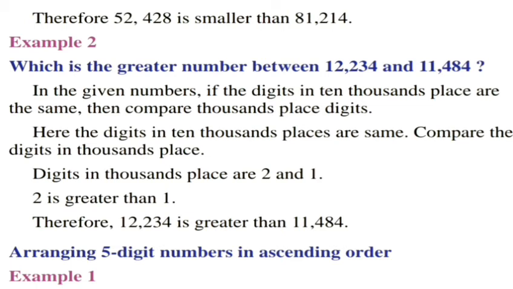Digits in the 1000s place are 2 and 1. Here 2 is greater than 1. Therefore 12,234 is greater than 11,484. The answer is 12,234.